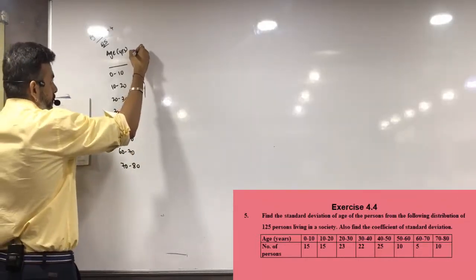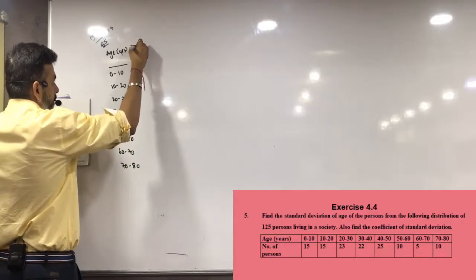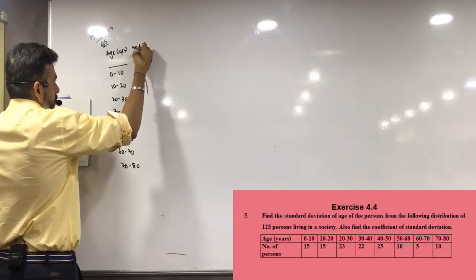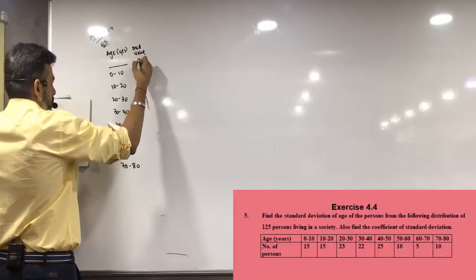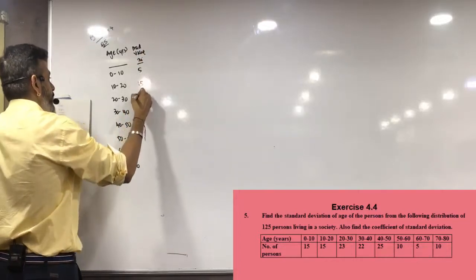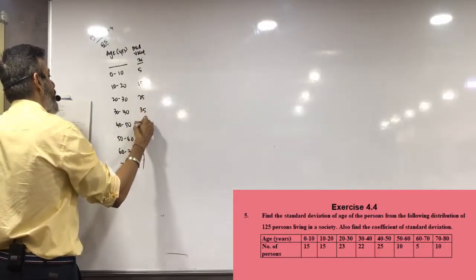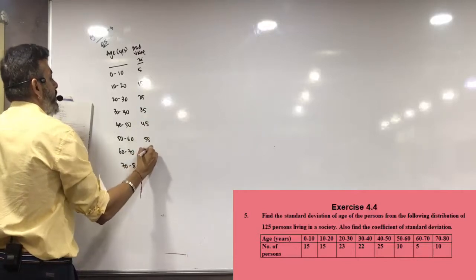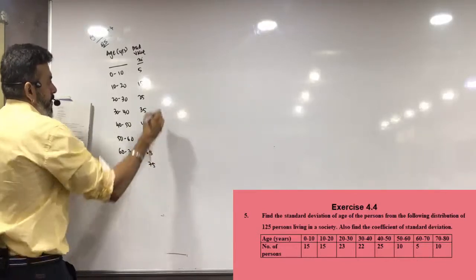Number of persons. But before that, we find xi, the mid value: 15, 25, 35, 45, 55, 65, and 75.